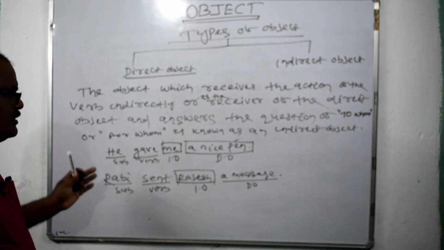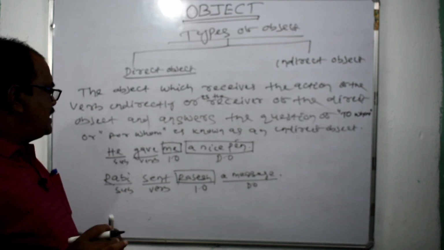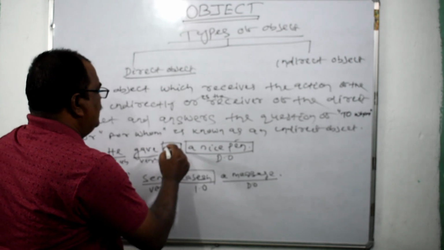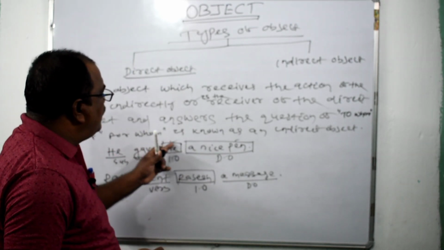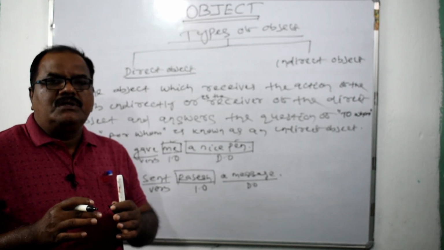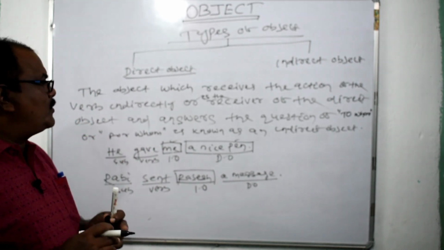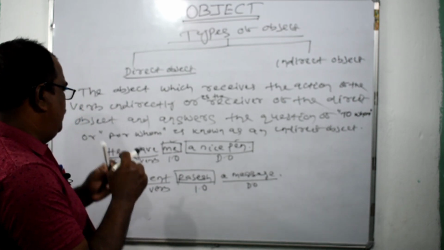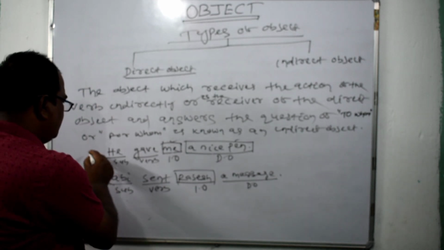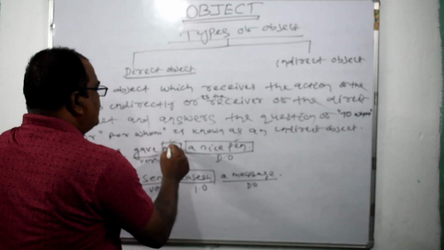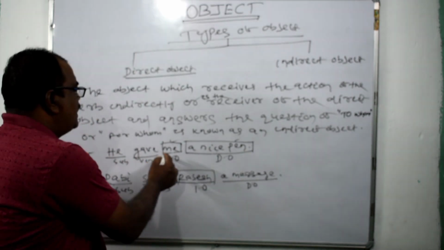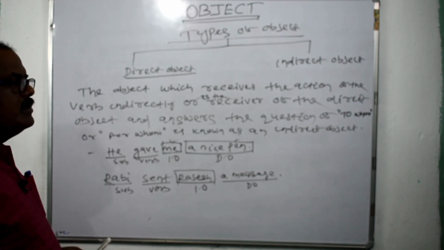From these two examples, it is very clear that the part of the sentence that is the receiver of the direct object and answers the question either to whom or for whom is known as the indirect object. In the first example, this part receives the direct object, a nice pen. This part answers the question to whom.